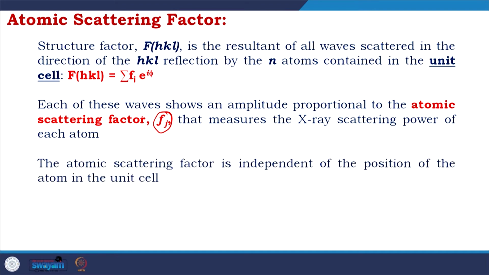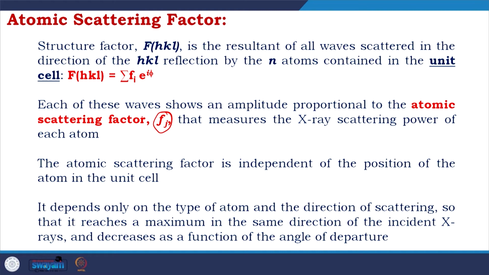The atomic scattering factor is independent of the position of the atom in the unit cell. It depends only on the type of atom and the direction of the scattering, so that it reaches a maximum in the same direction as the incident X-rays and decreases as a function of the angle of departure. So, suppose this is an atom.